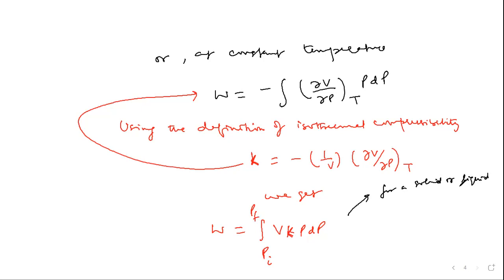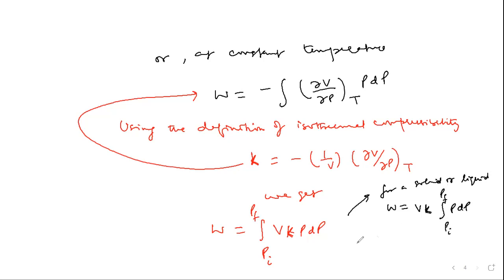So what we can do, therefore, for a solid or liquid, we can take V and kappa outside the integral. What will it become? It will become V kappa integral P dP from Pi to Pf.